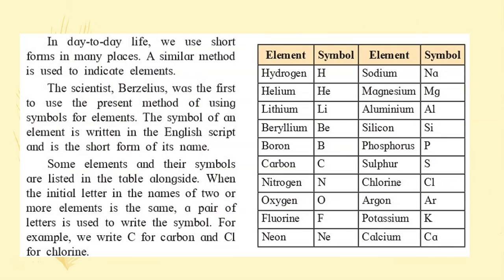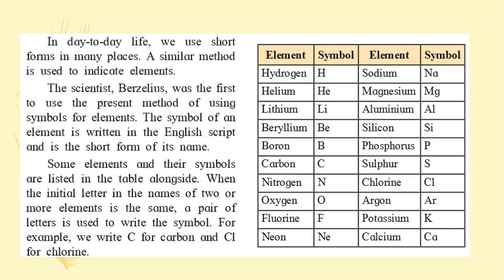Now, in day to day life, we use short forms in many places. A similar method is used to indicate elements. The scientist J.J. Berzelius was the first to use the present method of using symbols for elements. The symbol of an element is written in the English script and is the short form of its name.